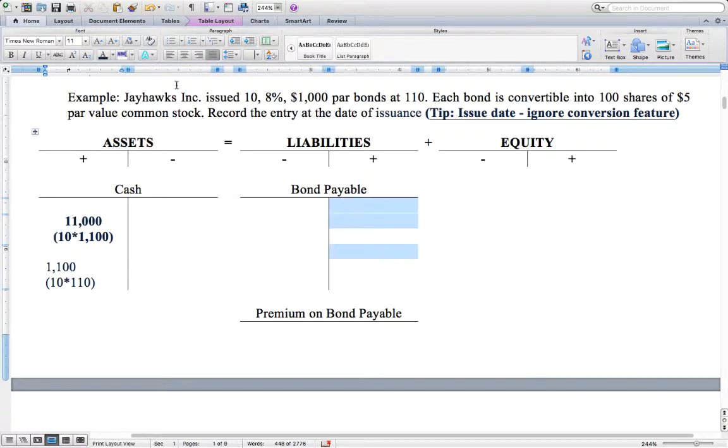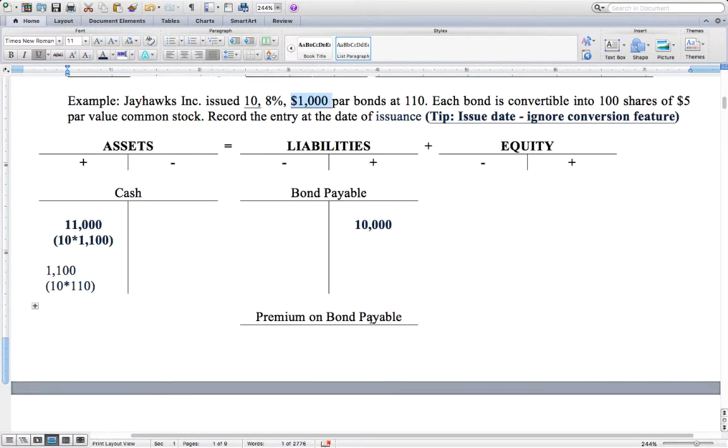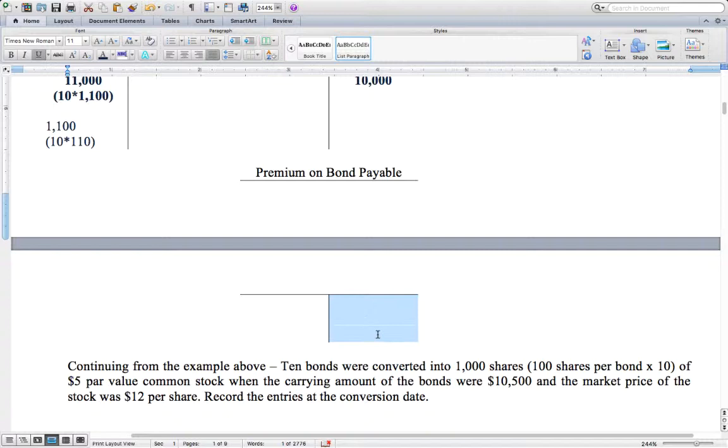You record the bond payable at 10,000. This is because this account is reported at the par value. Therefore, 10 bonds times $1,000 par equals 10,000. And consistent with what we did with common stock when we were recording additional paid-in capital, you need to recognize the additional balance, which is represented as a premium on the bond payable.